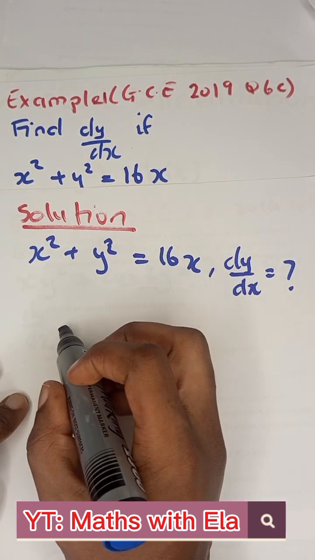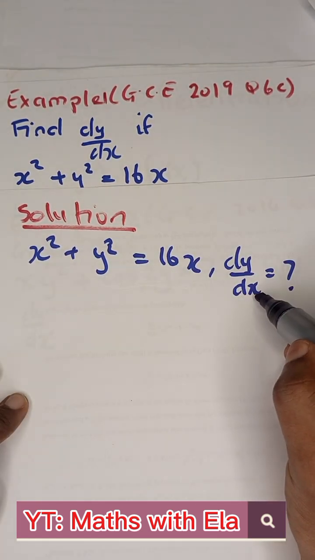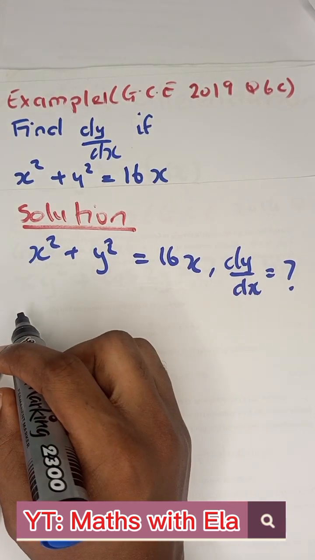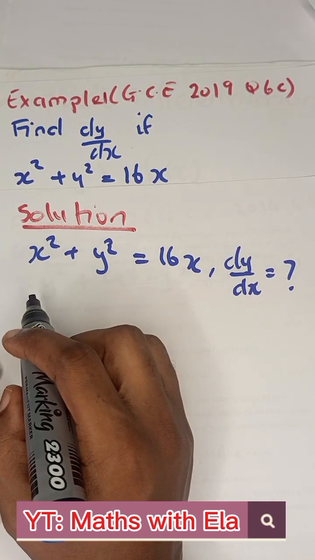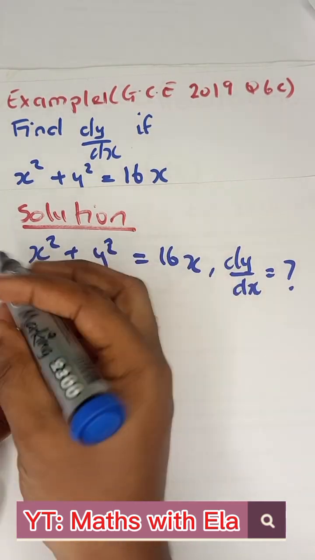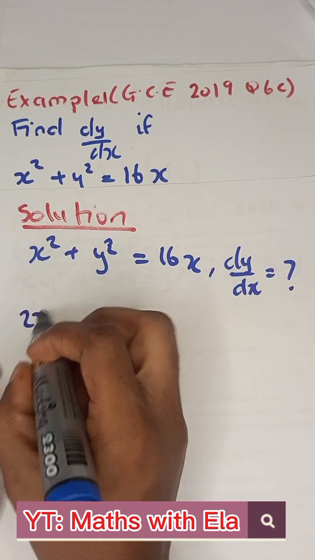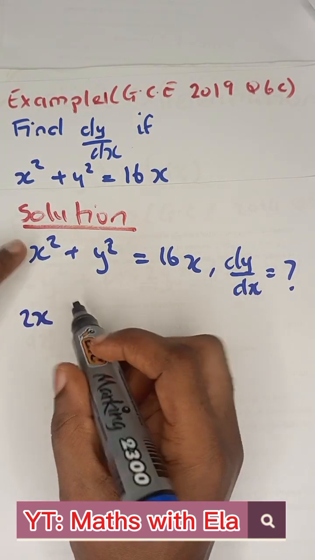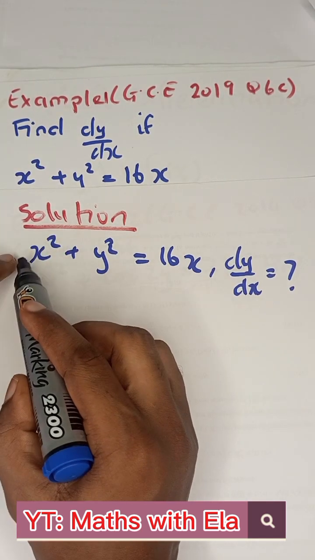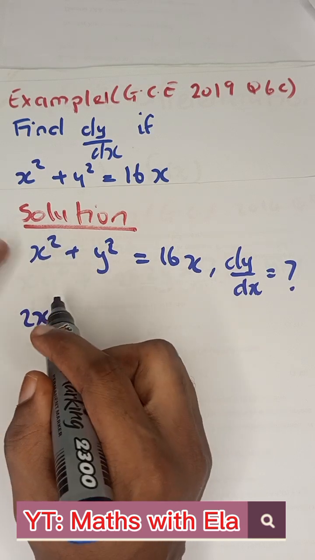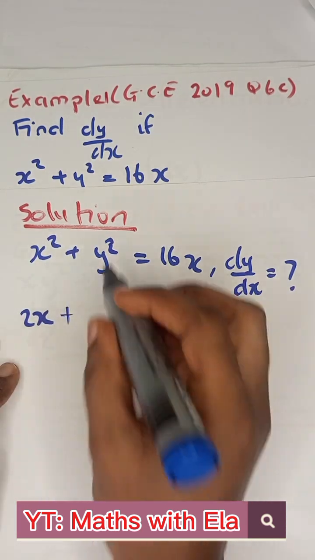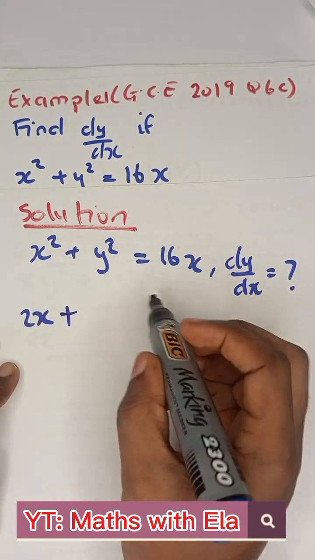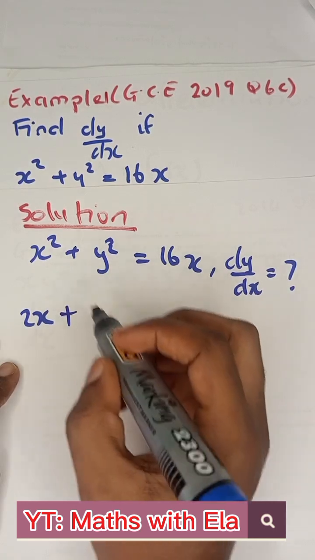So we're differentiating with respect to x. Differentiating x squared with respect to x, we're just going to have 2x. Here we're applying the power rule, that is, you bring down the 2 and then you subtract 1 from the power, which gives us 2x. And then, in order to differentiate y squared with respect to x, we are applying the chain rule.